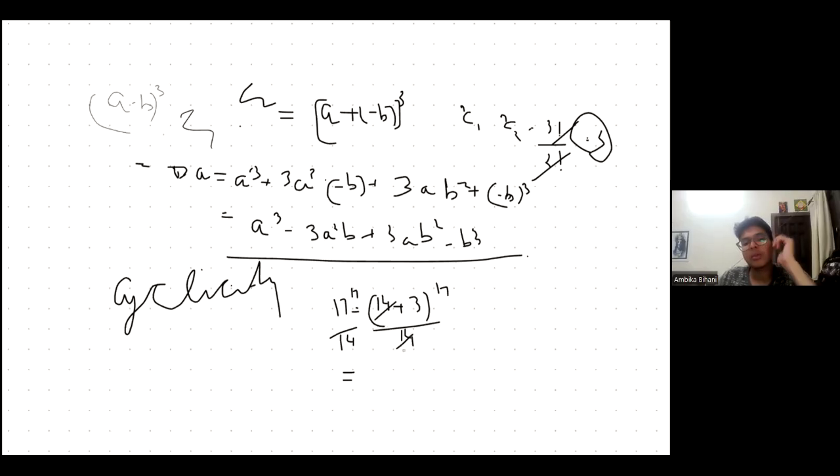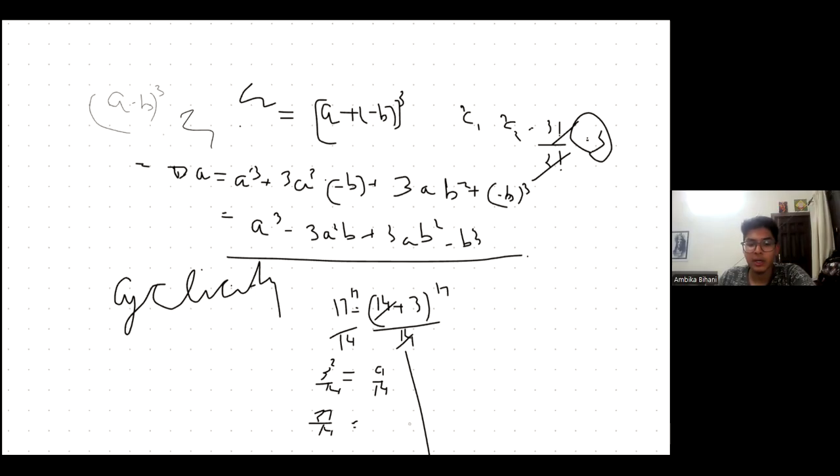If I solve this further, 3 square is 9 divided by 14. This doesn't give me a clear remainder. What is 3 cube? 3 cube is 27 divided by 14. Now I know 14 twos is 28. So this will give me a remainder of -1. We use the negative remainders concept also.